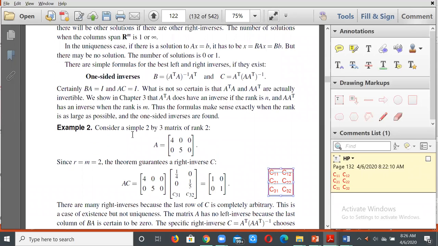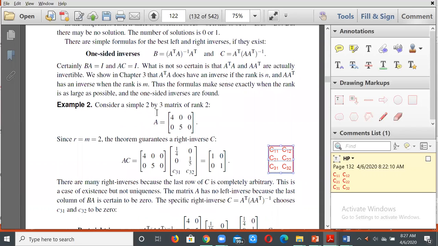Now let us consider an example of a 2 by 3 matrix, with A equal to 4 0 0 and 0 5 0. Then you can write AC as 4 0 0, 0 5 0, and C with entries C11, C12, C21, C22, and C31, C32. Then 4 into C11 plus 0 into C21 plus 0 into C31 is equal to 1.